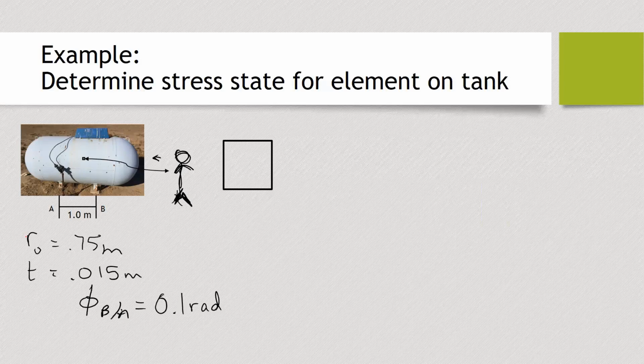And we know that the pressure inside the tank is 8 megapascals. And we know the material, so we know that G is 27 gigapascals. Where do you think we should begin?